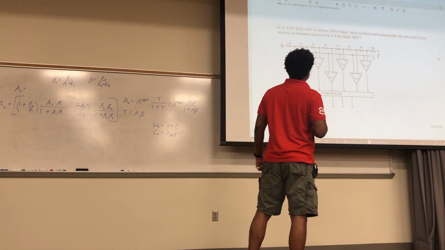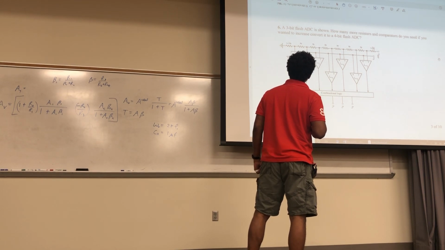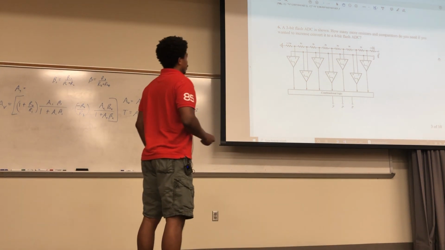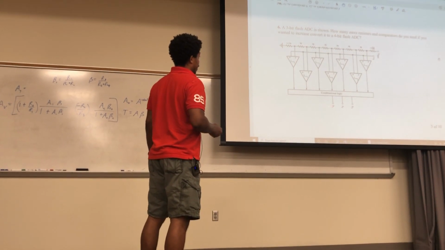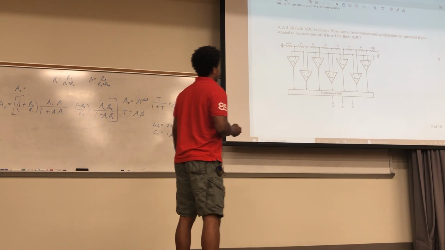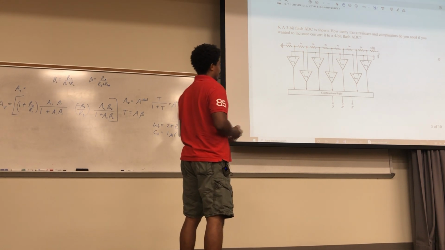How many more resistors and comparators do you need if you wanted to convert it to a 4-bit flash analog to digital converter? It says 3-bit is shown. See, 1, 2, 3. And then what you could do is just look at that to get your formula.